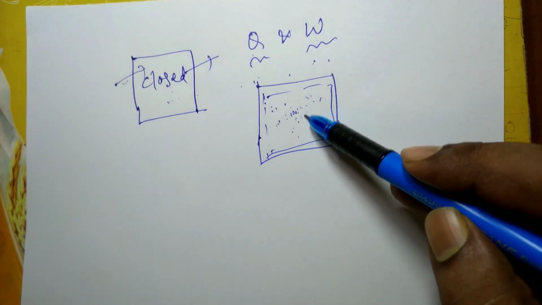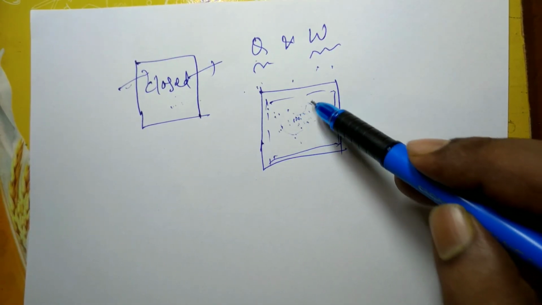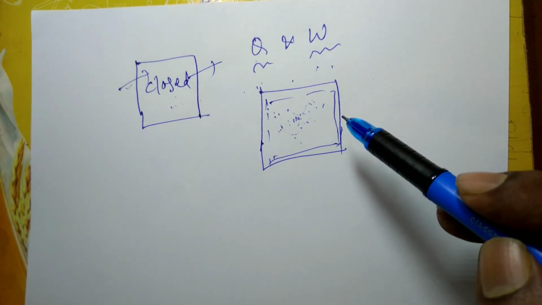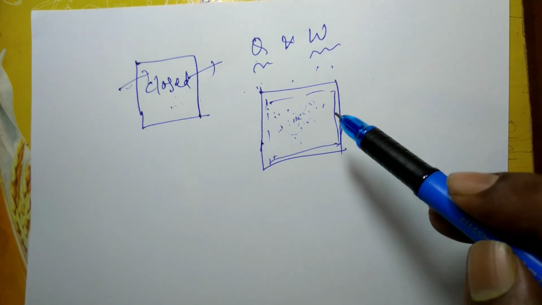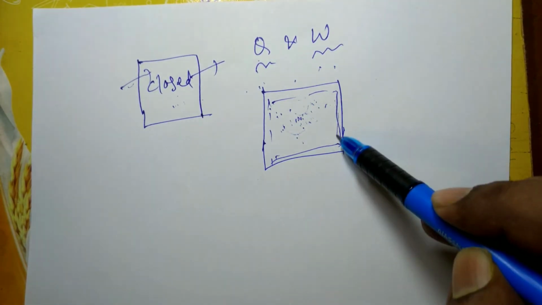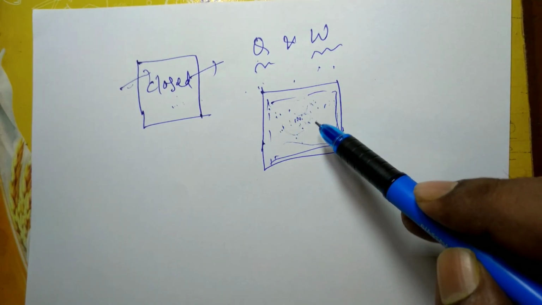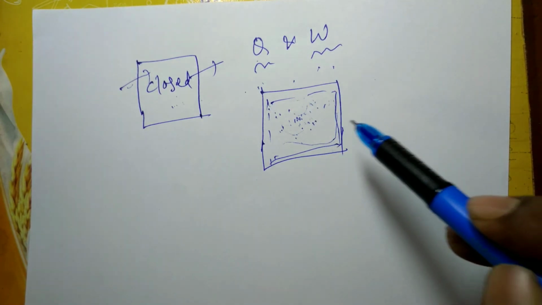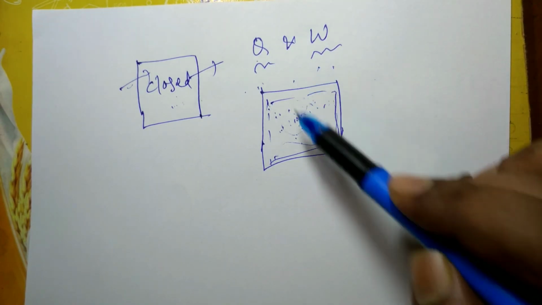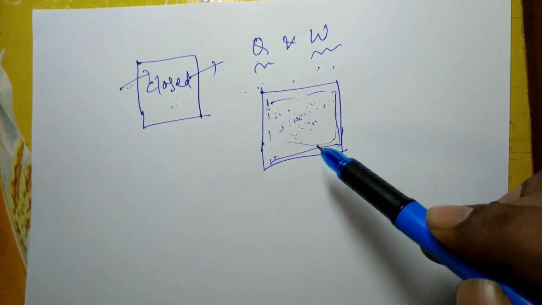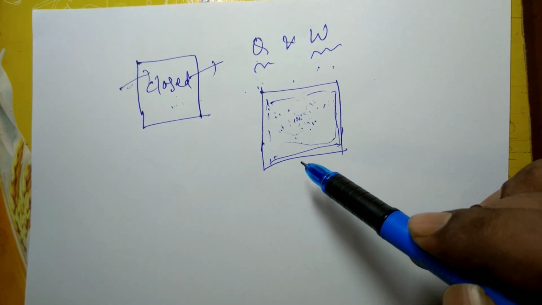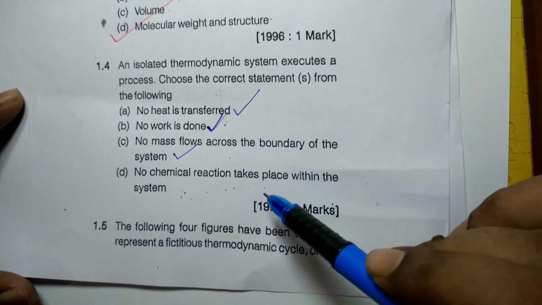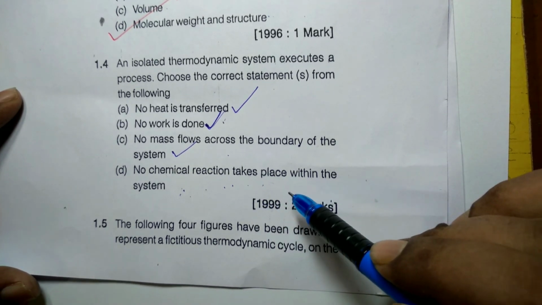वो एनर्जी ऑफ द सिस्टम इनसाइड में रह जाएगा, वो कन्वर्सन हो सकता है, लेकिन बाहर से कुछ इंटरेक्शन पॉसिबल नहीं है. इनसाइड में अगर कुछ केमिकल रिएक्शन होगा तो हो सकता है, वो बाहर नहीं आएगा, कुछ एनर्जी बाहर नहीं आएगी, और बाहर से अंदर कुछ भी एनर्जी नहीं जाएगी. सो मतलब केमिकल रिएक्शन होने में कुछ दिक्कत नहीं है. नो केमिकल रिएक्शन टेक्स प्लेस विदइन द सिस्टम, दैट इज नॉट राइट. सो केमिकल रिएक्शन हो सकता है.